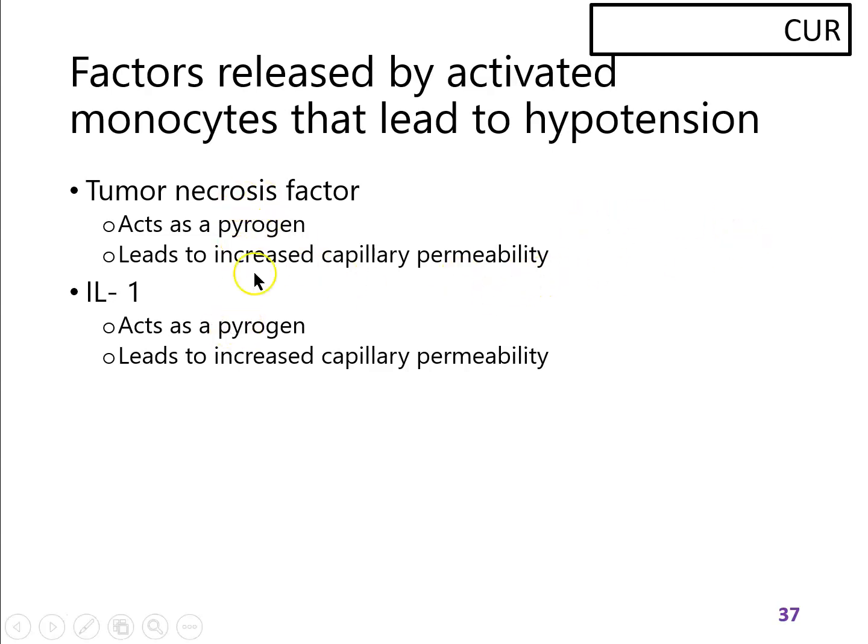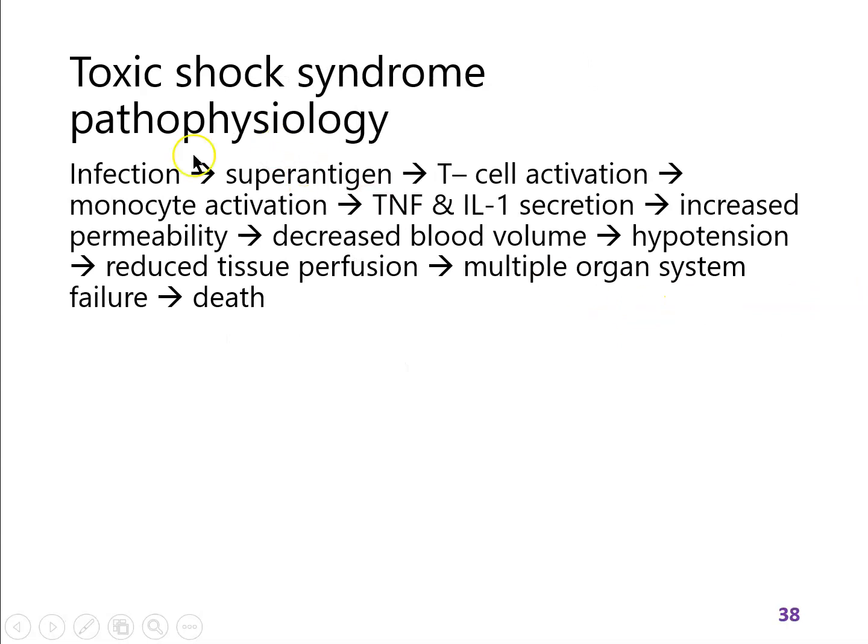But since I didn't cover these in my immune system review, you can skip this slide if you want to. Just know this. The superantigen is going to lead to T cell activation, and monocytes and macrophages will be activated, and ultimately that will lead to increased capillary permeability. The blood volume decreases, and that screws up everything in the body.